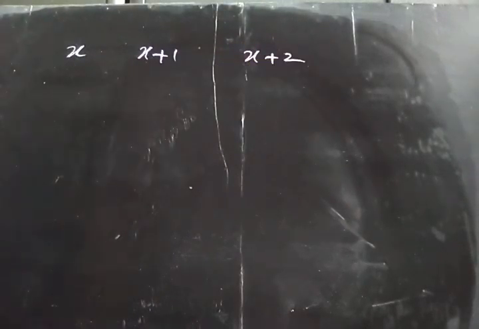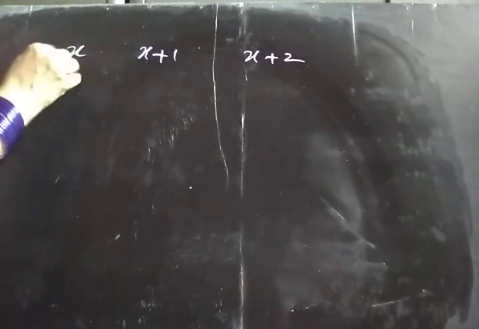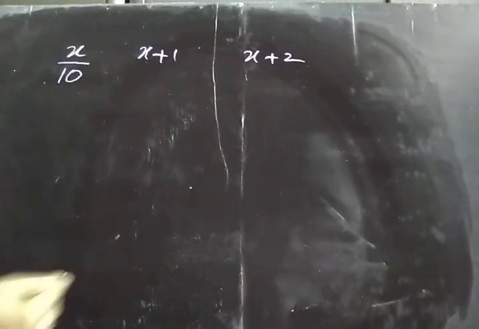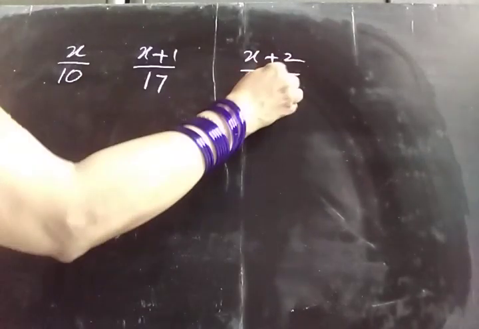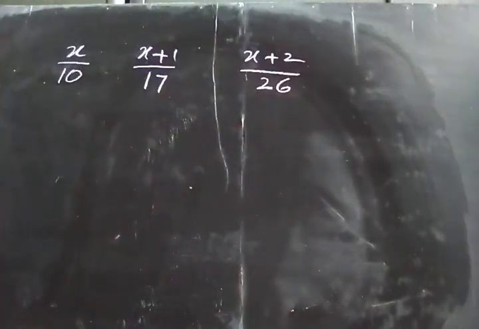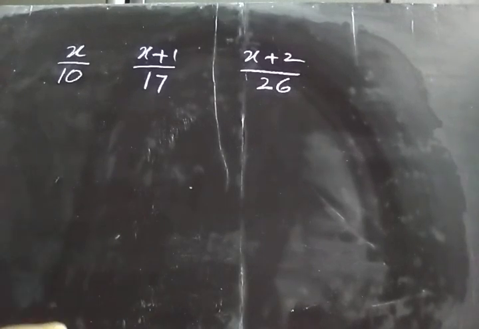Now, find the three consecutive numbers such that if they are divided by 10, 17 and 26 respectively. So, in order, first number is divided by 10, second number is divided by 17 and third number is divided by 26. Okay. The sum of their quotients.